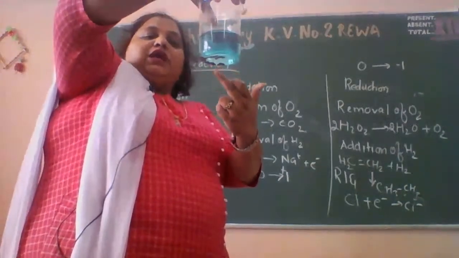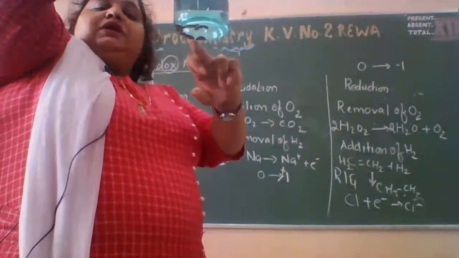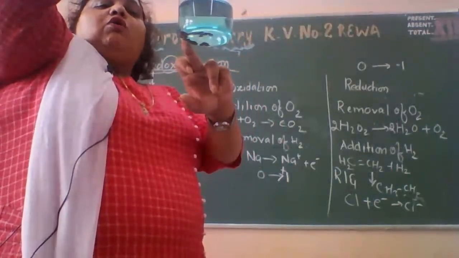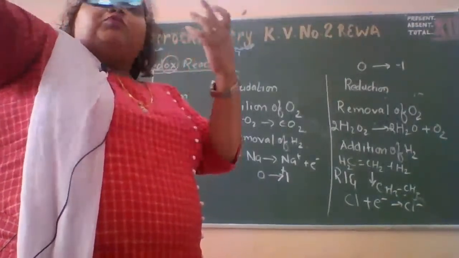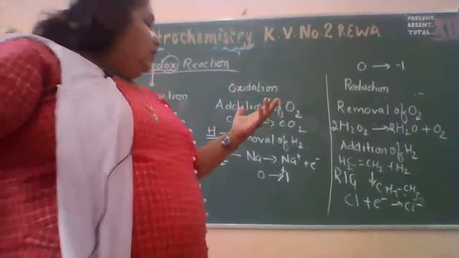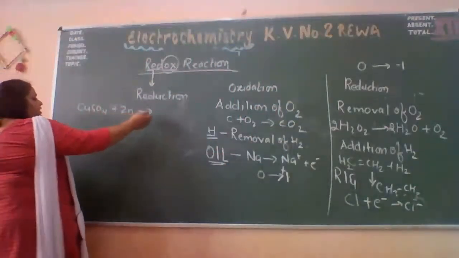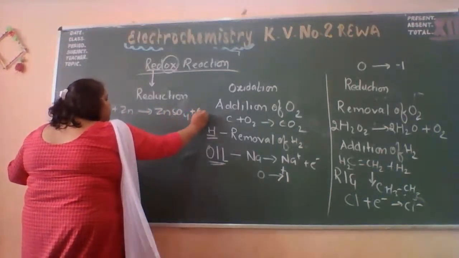I added some granules of zinc. Now you all can see the granules has become brown. This brown is due to the accumulation of the copper here. That means from the copper sulfate, the copper has been displaced. What the reaction is here? Now it is ZnSO4 plus Cu.